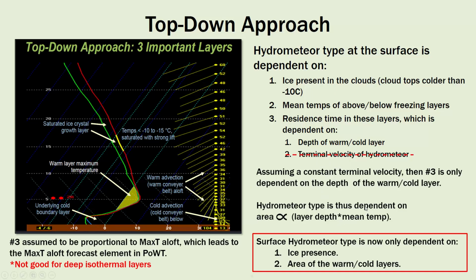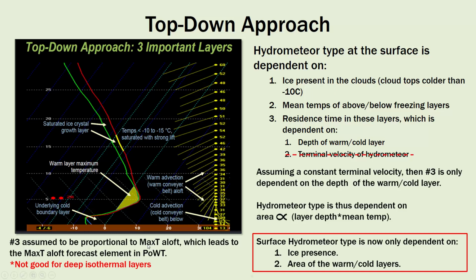And if we put these together, then we can define an area method, where now our surface hydrometeor type is still dependent on whether or not we have ice presence, but thermodynamically it's now dependent on the areas of these warm and cold layers.